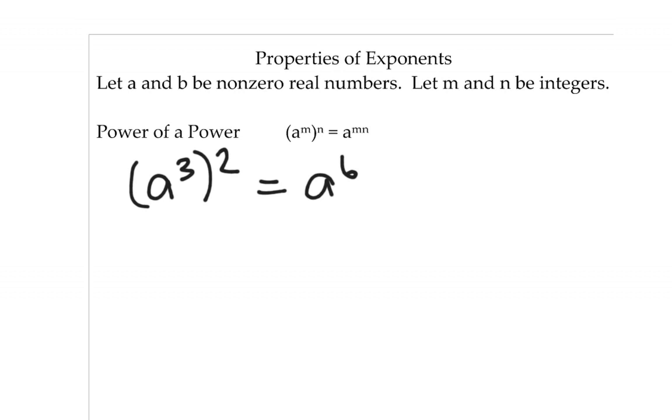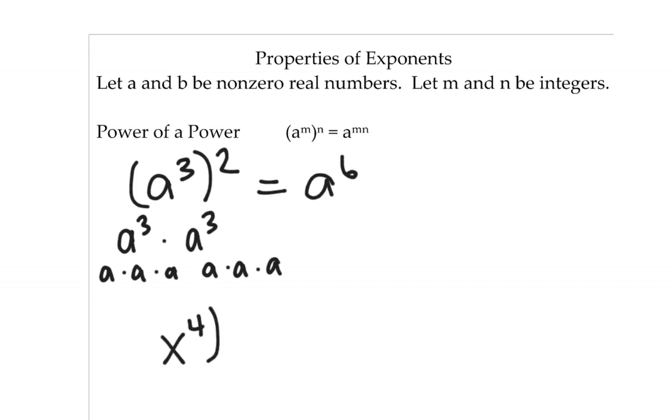The reason it works is this is a cubed times a cubed. Again, 3 plus 3 also gives us a to the 6th. And if I go as far as to write it longhand, you can see that I have 6 a's multiplied together. Example of this would be x to the fourth squared. We would multiply the 4 times 2 to get x to the 8th.